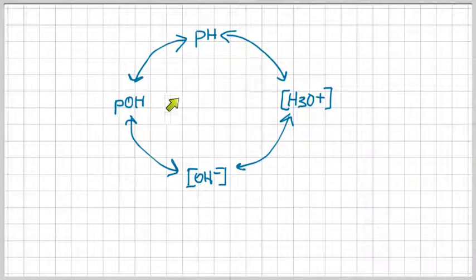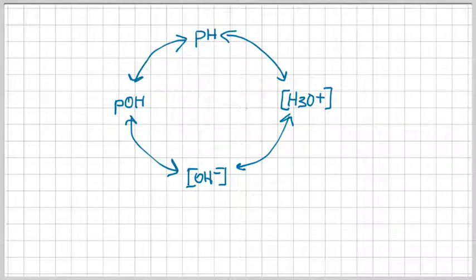As I've drawn them in the circle, you can start at any point on the circle and go all the way around in either direction, but it's not a good idea to try to jump across. If I've got pH and they want hydroxide ion concentration, I don't want to try to make something up and go across. I'm going to go around. I'm either going to go around to the left, or I'm going to go around to the right.